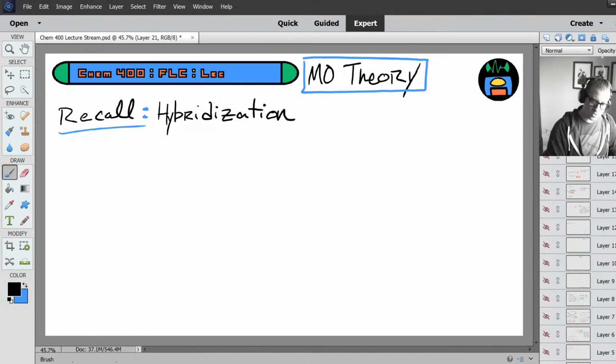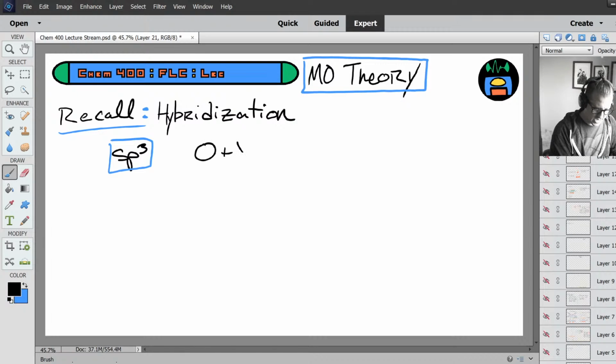We got our sp3 hybrid orbitals by taking our 1 s orbital and our 3 p orbitals, adding the phasing, and taking an average of sorts.